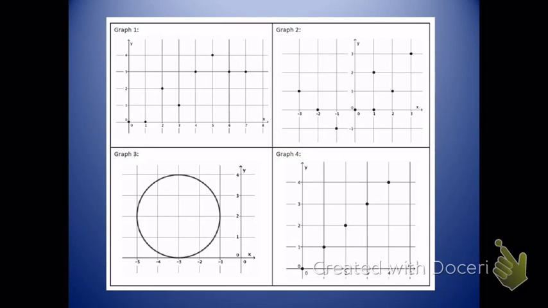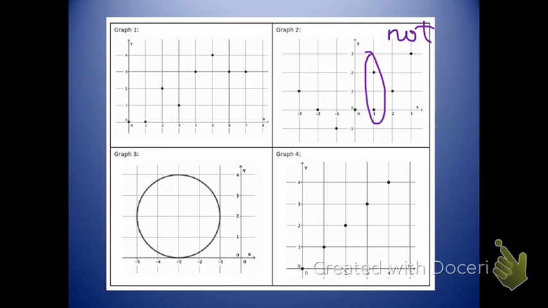Graph 2 fails right over here, right there, because that input of 1 has 2 different outputs. It has an output of 0 and an output of 2. So graph 2 is not a function.